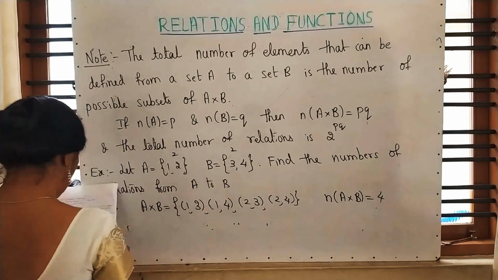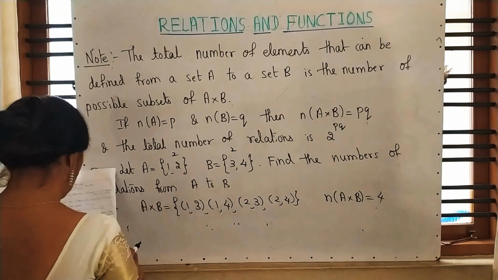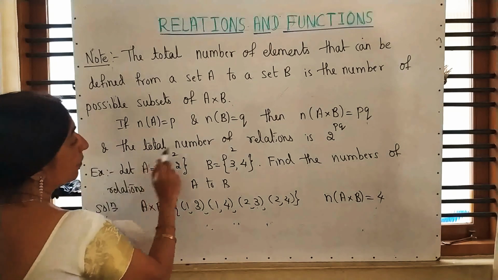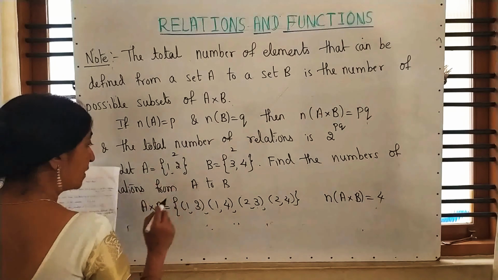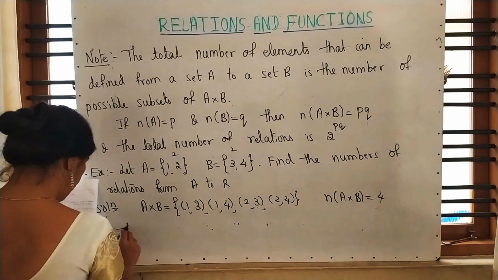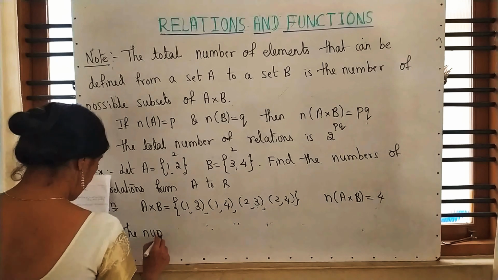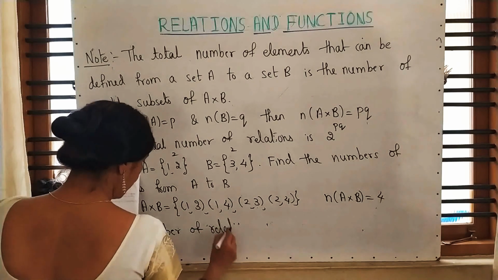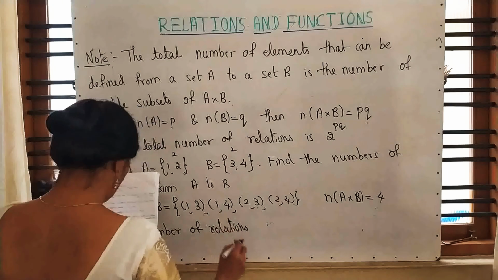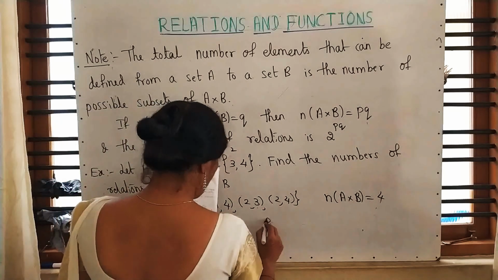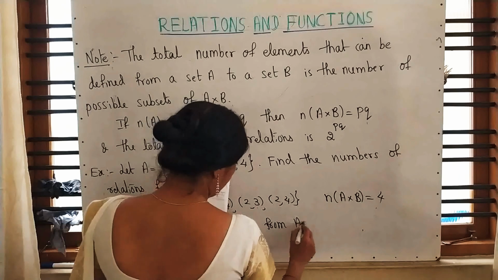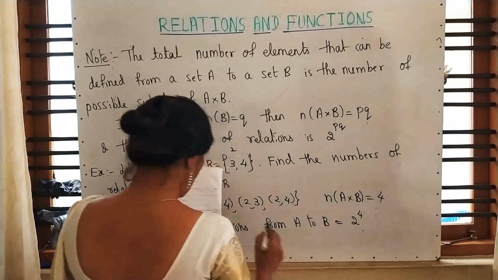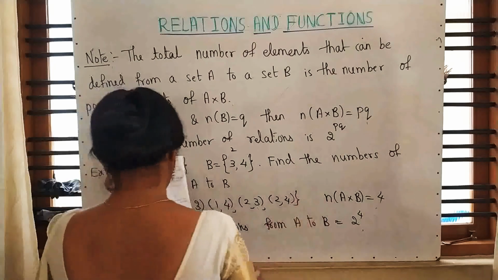Therefore, the total number of subsets is 2 raised to 4, or the number of relations from A to B is 2 raised to 4. So that is the answer. If you want, you can simplify and write down the answer.